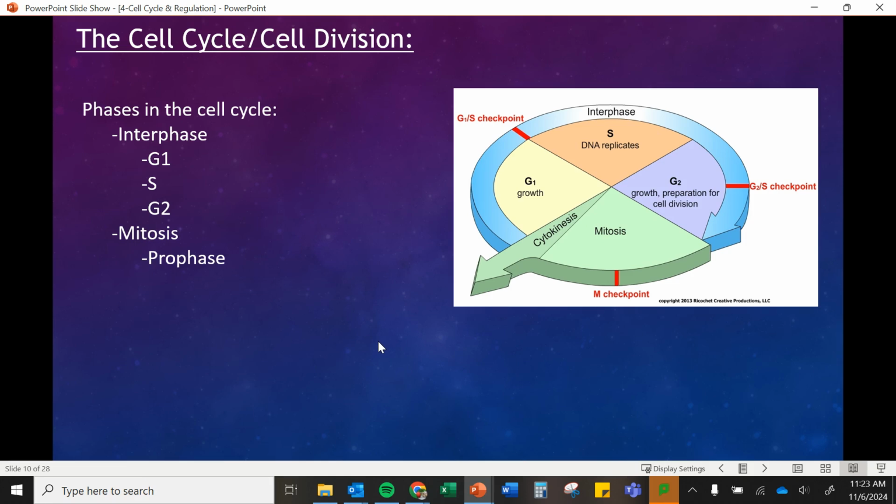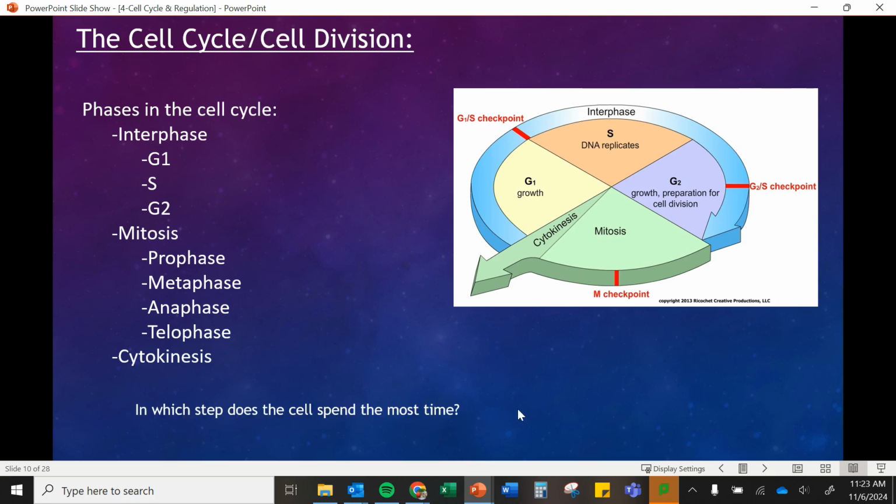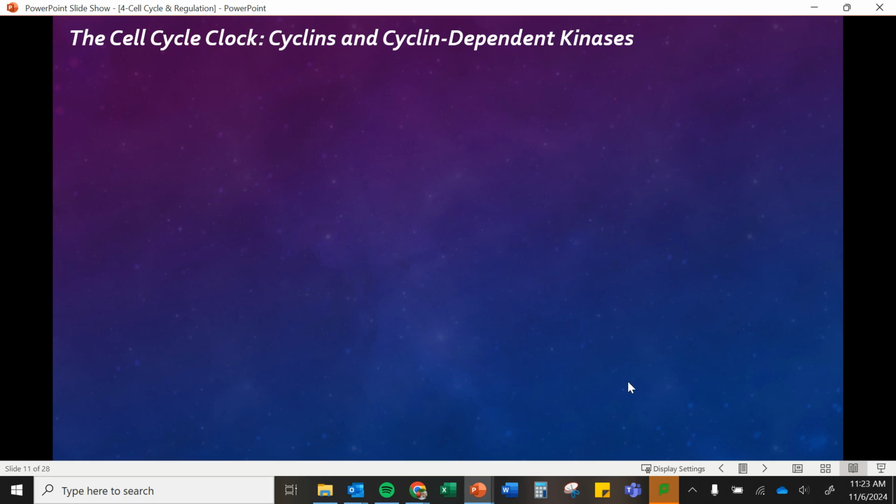And that is made of prophase, metaphase, anaphase, telophase, and then we have cytokinesis happening. And all of this makes up the cell cycle. Most of the time, the cell spends its time in interphase, which is why it's shown here as taking up the most time.